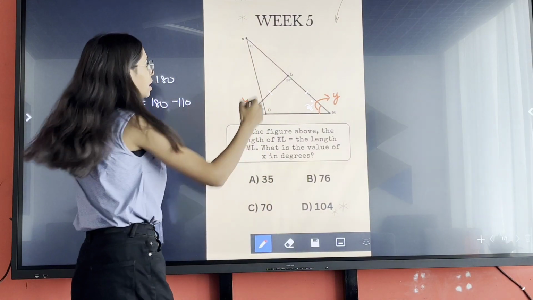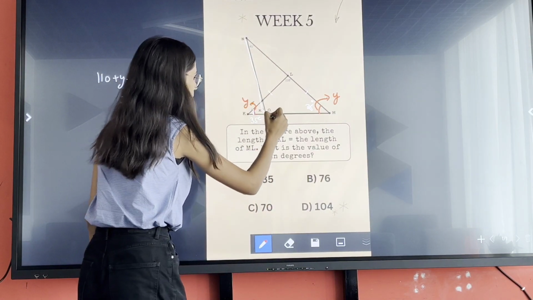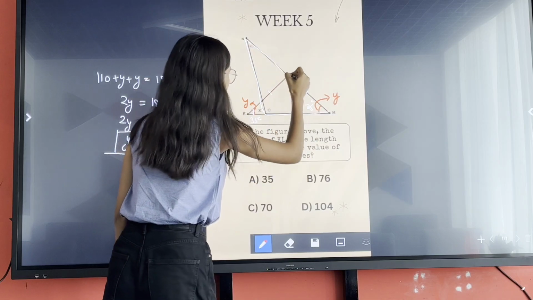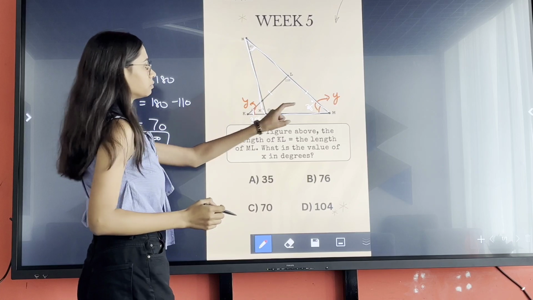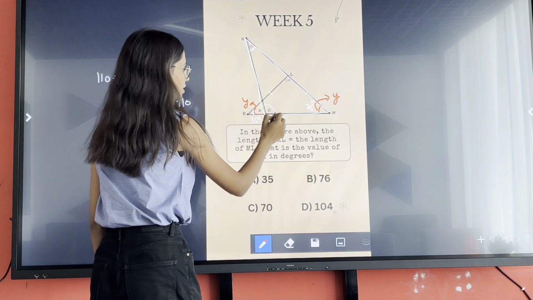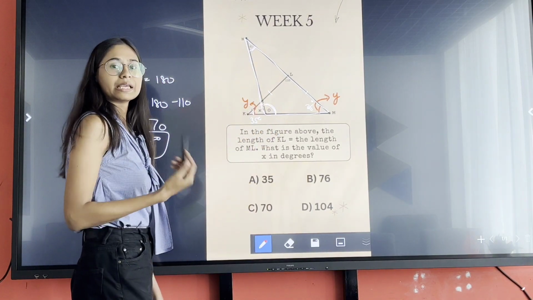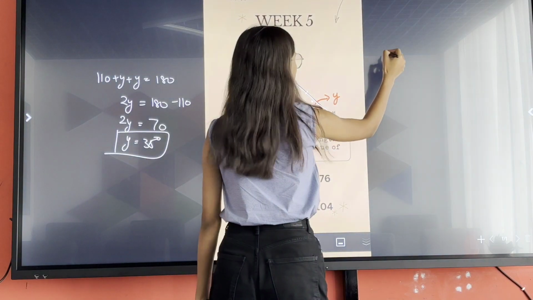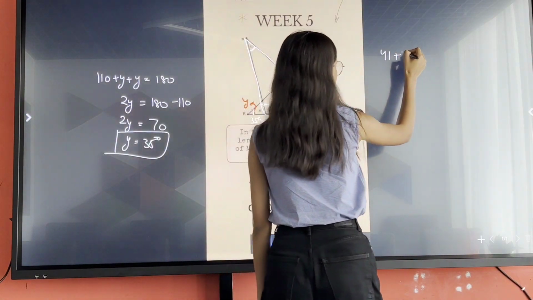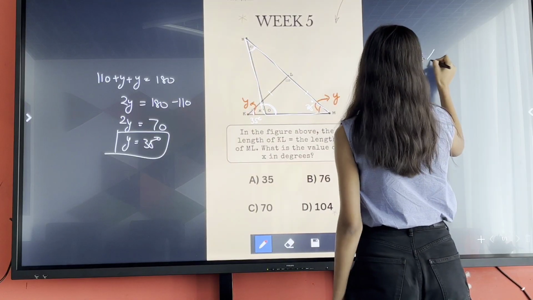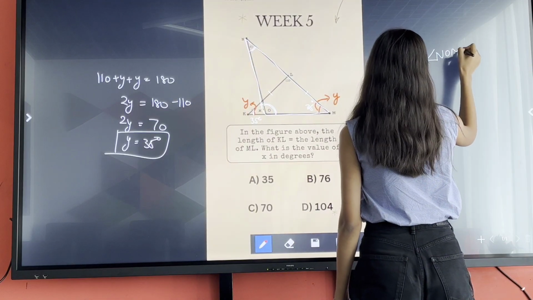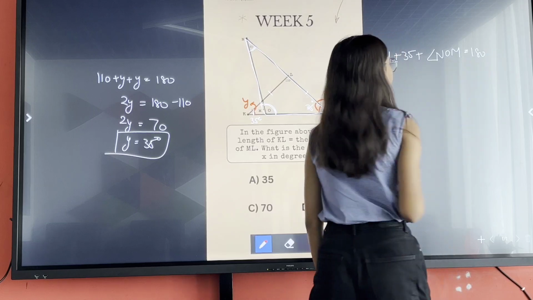Now again, in this particular triangle, I can see that I have two angles. One is 41, one is 35. So I can find the third angle by the same sum property. So this will be 41 plus 35 plus, let's say this is NOM, equals 180.